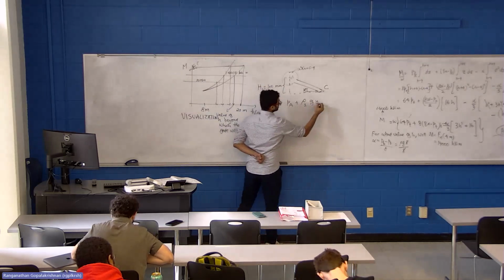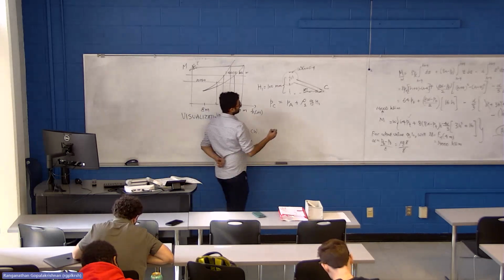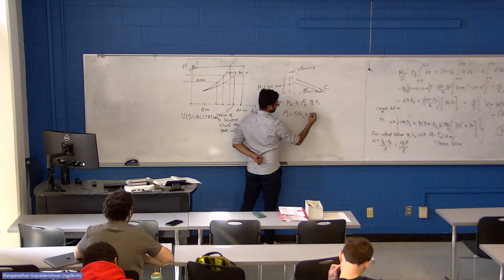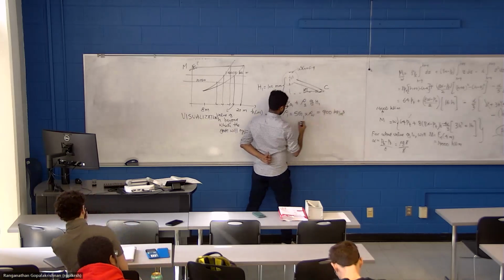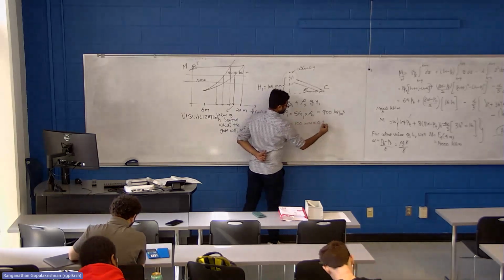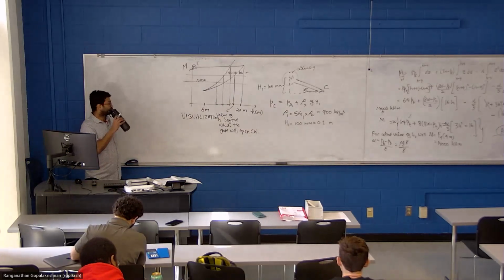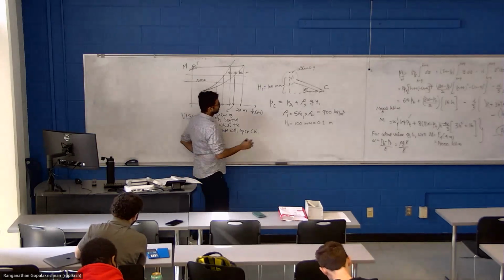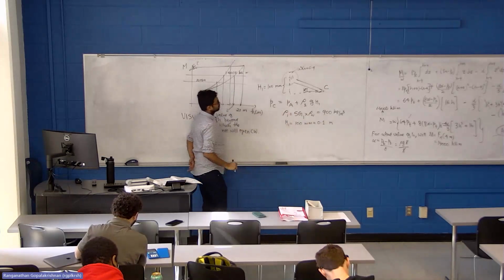H1 is 100 millimeters. Rho 1 is the specific gravity of fluid 1 multiplied by the density of water, which makes it 900 kilograms per meter cube. H1 is 100 millimeters or 0.1 meters. That is the pressure at point C in terms of the pressure at A, density and height.